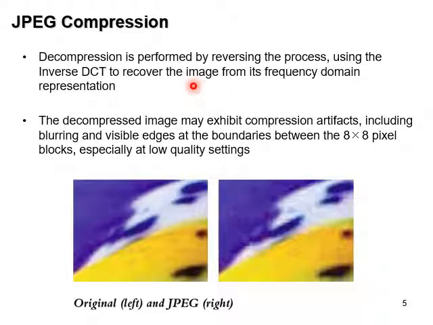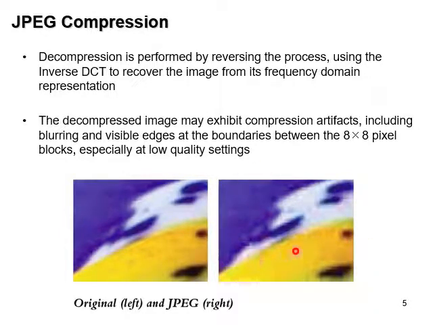This is, as we saw before, an example of a JPEG compressed image, and we say here that the compressed image may exhibit compression artifacts, including blurring and visible edges at the boundaries between the 8x8 pixel blocks. Remember, you divide the image into blocks. Each block is 8x8, and you apply the whole process, DCT, zigzag ordering, run length encoding, for each block separately.